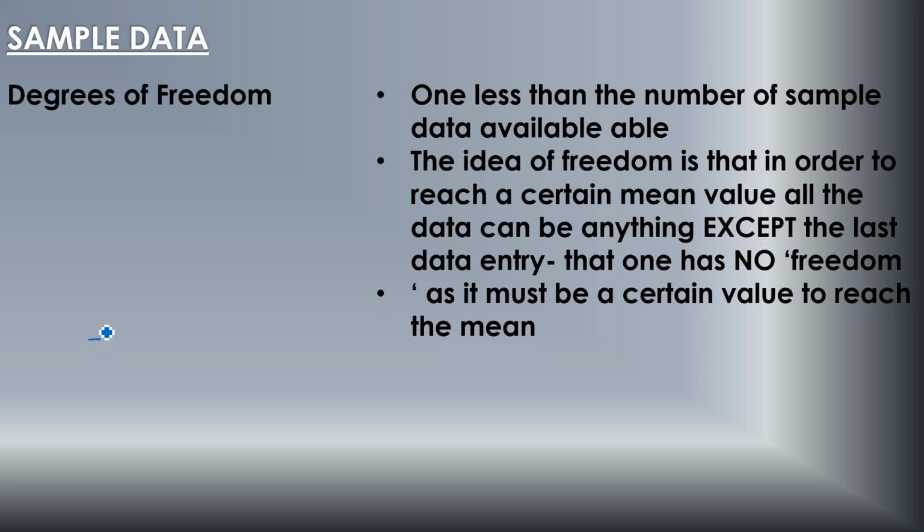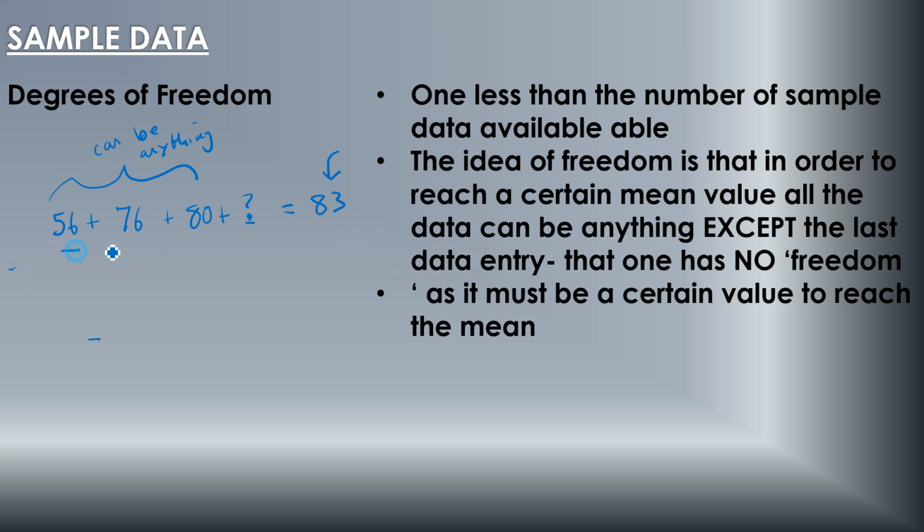So, for example, let's say that I have test scores of 56, 76, 80, then I don't know what this one is, and I know that I have an average of, say, an 83. And I'm just using this as an example to explain what degrees of freedom are. These three scores right here can be anything, okay? And I still could possibly get this mean of 83.